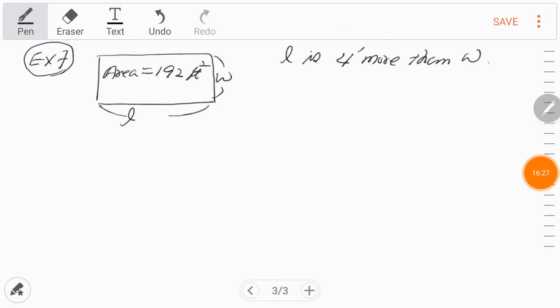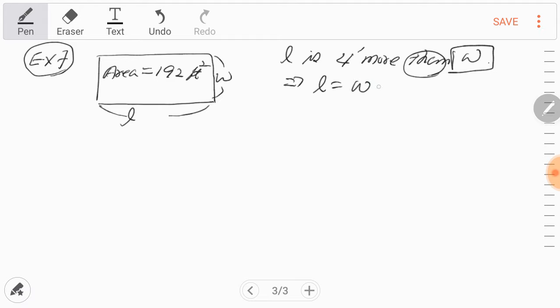Okay, in this word problem, there's a rectangular room, and the area of the rectangular room is 192 square feet. And the length is 4 feet more than the width. So the expression for the length is 4 feet more than the width. Since this is more than or less than, we're going to write the second expression first.